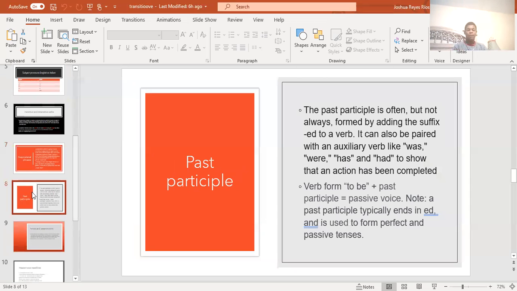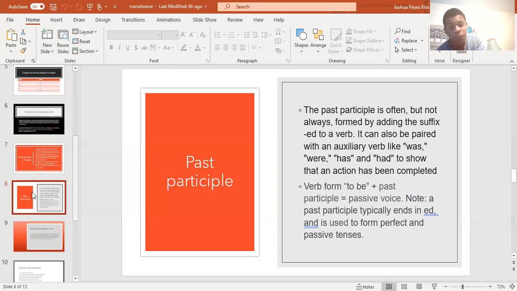Okay, past participle. The past participle is often, but not always, formed by adding the suffix ed to a verb. It can also be paired with an auxiliary verb like was, were, has, and had to show that an action has been completed.